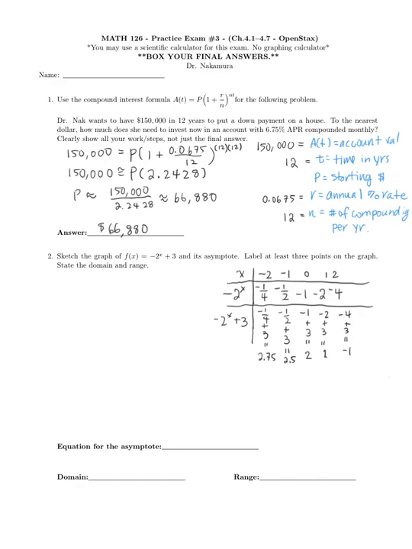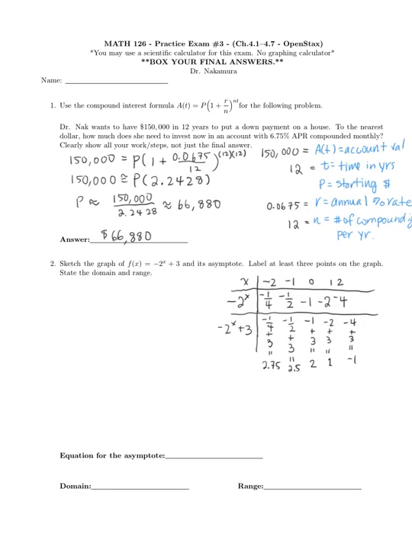So the ordered pairs that we need to plot: for the first one, negative 2, 2.75. For this one, negative 1, 2.5. 0, 2. 1, 1. And then this one is 2, negative 1. Okay, so keep that in mind and let's just try to draw this out.